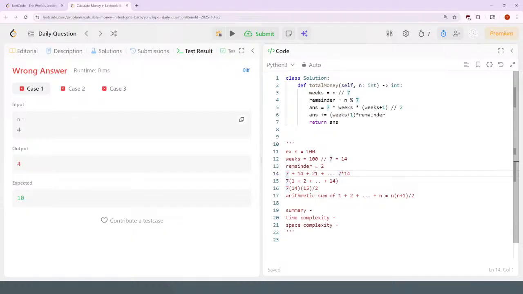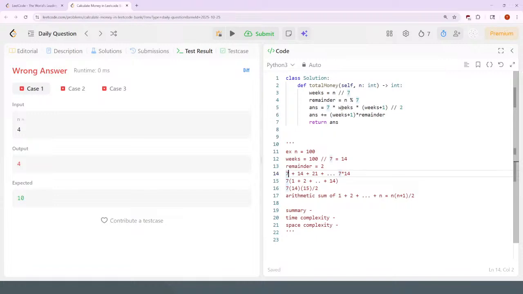N is 4, there's 0 weeks completed. If there's 1 full week completed, then it should be 7. So if I say n is 7, 7 divided by 7 is 1. Remainder of 7 mod 7 is 0.